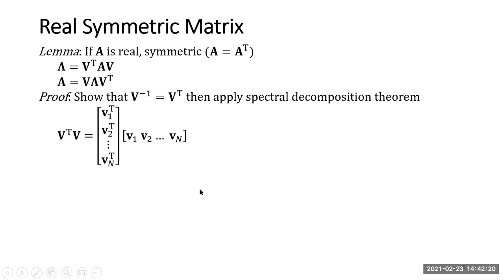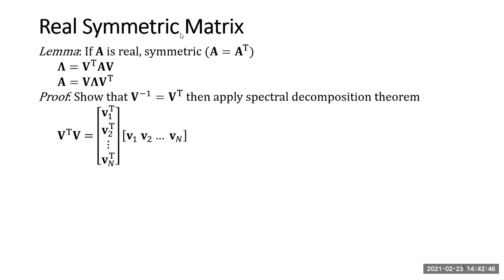Now let's do the multiplication. Although we know that these are square matrices, we can pretend that they are scalars and do our multiplication. So V1 transpose V1 is in the first column. Now, what's V1 transpose V2?